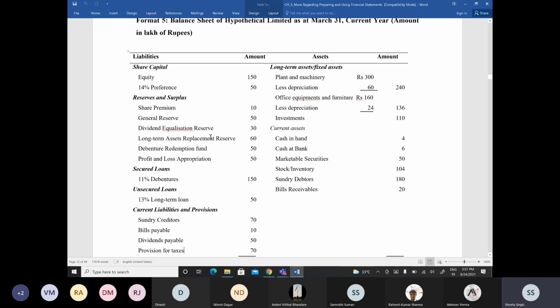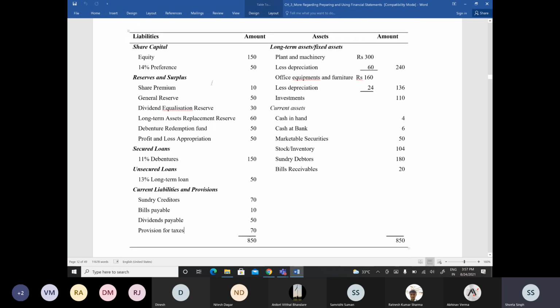Okay. So let us look at the liability side. Typical items here would be the share capital, that is all your equity shareholders, then your preference shareholders, then all the reserves and surplus that you have created through the years. So you may have a share premium reserve, general reserve, dividend equalization reserve, long-term machinery replacement reserve, loan redemption fund, P&L appropriation, general reserve.